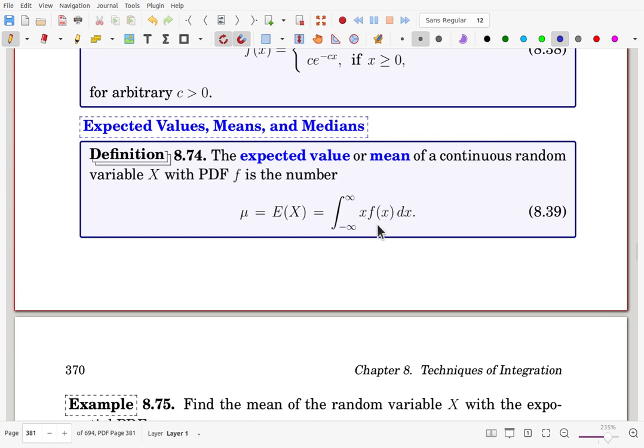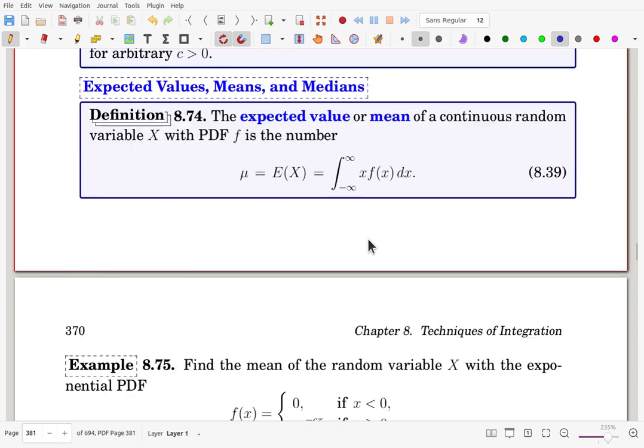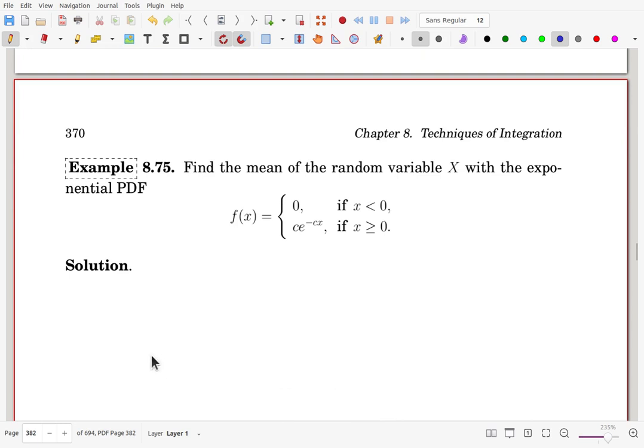We try to find the mean of the x value, so that an x value and its probability are multiplied and summed. That is the mean value or expected value of the random variable. Okay, here, once the exponentially decaying PDF is given in this way, let's try to find the mean of the random variable.